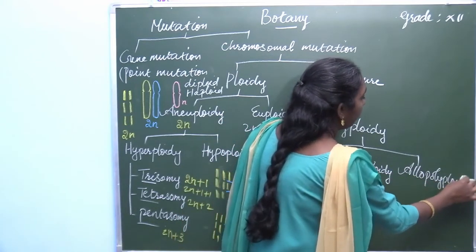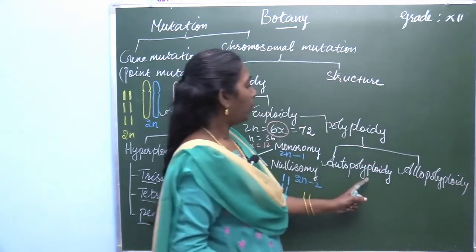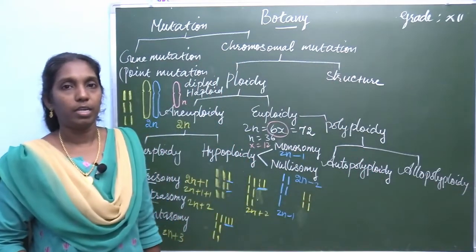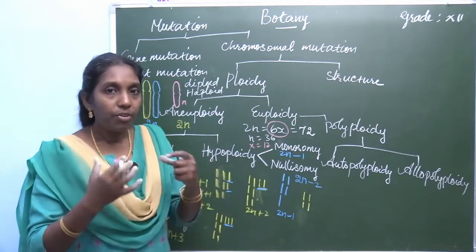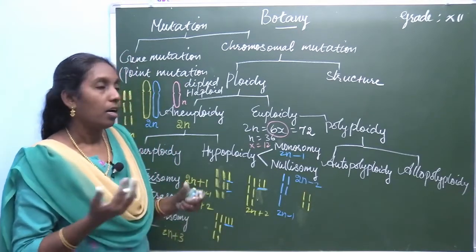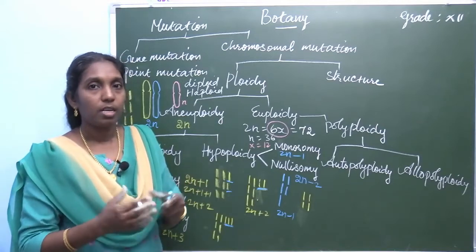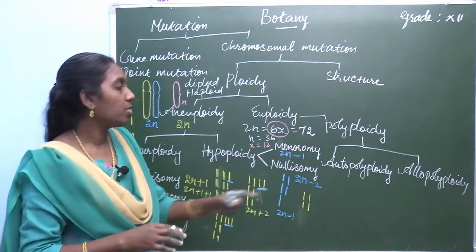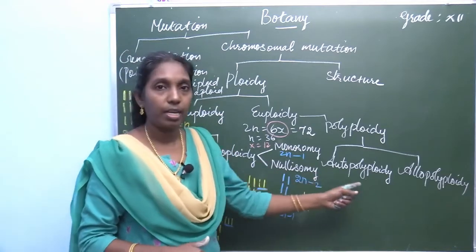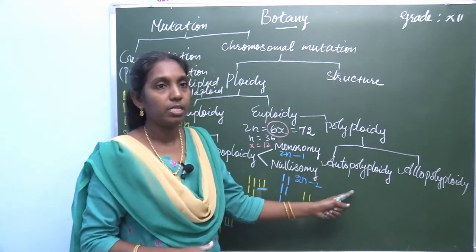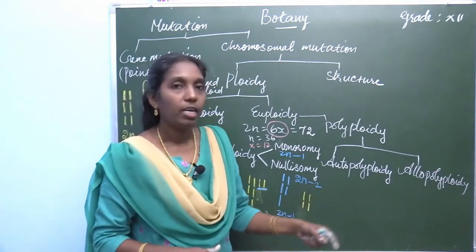There are two different types, autopolyploidy and allopolyploidy. The difference between them: auto means within the same species. Addition of chromosome sets within the same species is called auto. Auto is self. Within the same species, if an increase in number occurs, it is called autopolyploidy.